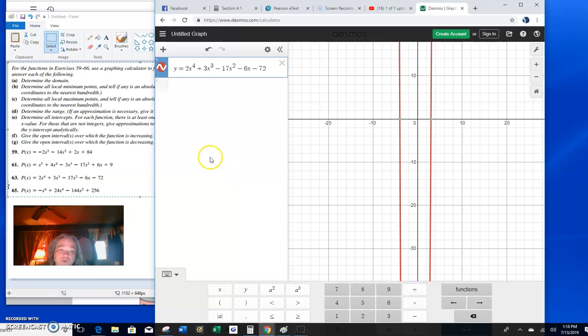it'll form probably a graph that looks like a regular-size U. Or if your leading coefficient is negative, then it would be called concave down, or in other words, the cup is upside down.